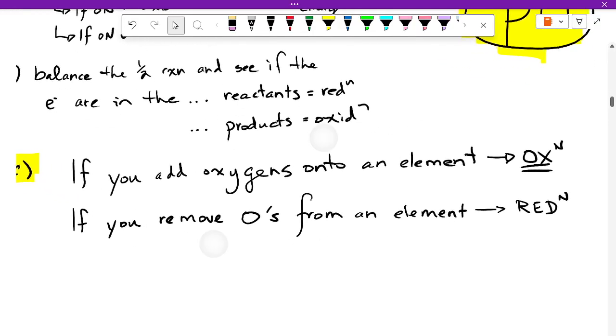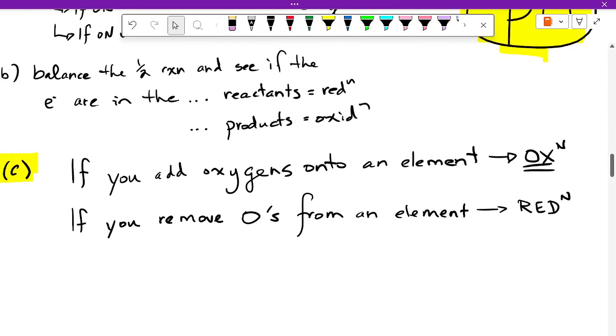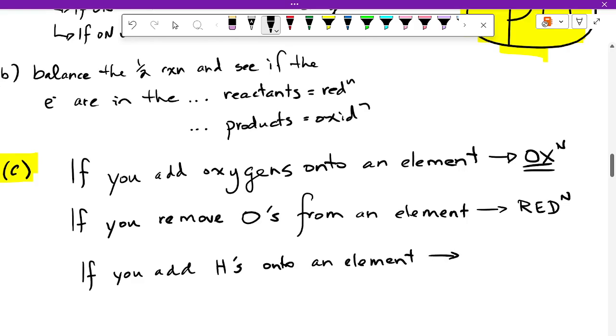Also, and I found this one really helpful in biology, if you add hydrogens onto an element, that's reduction. If you have a negative hydrogen, what's the only time you're ever going to have a negative hydrogen? When it's with a metal.